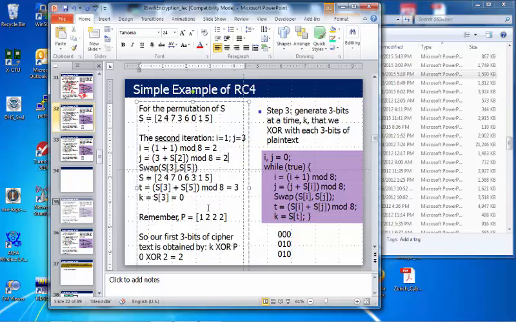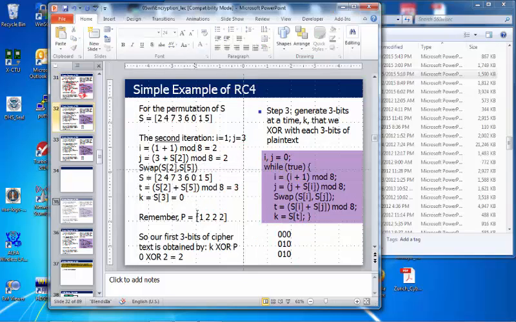So this is 2. So S2 is swapped with S2, which is the same as this. So never change it. So S2 and S2, 14.